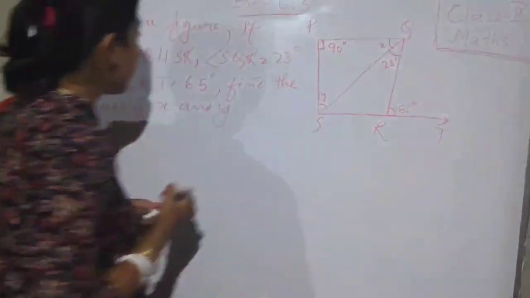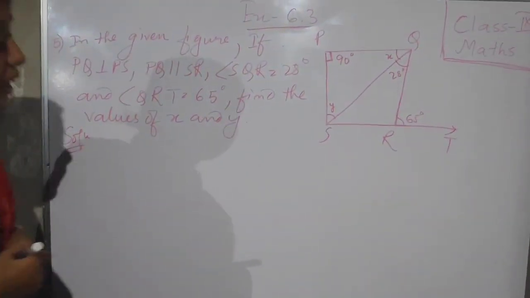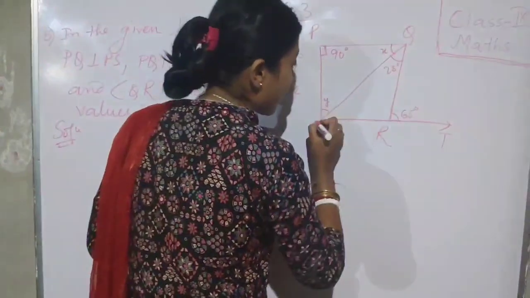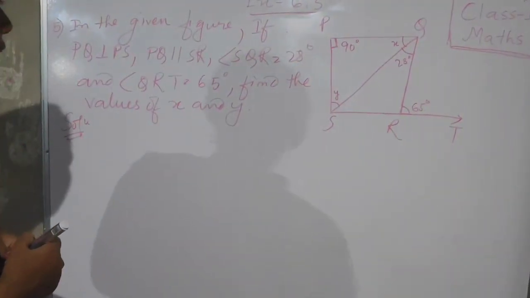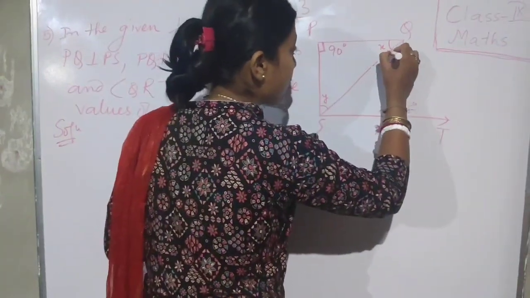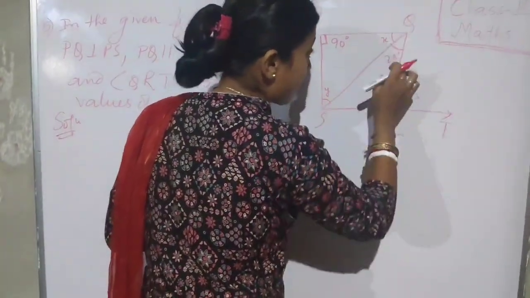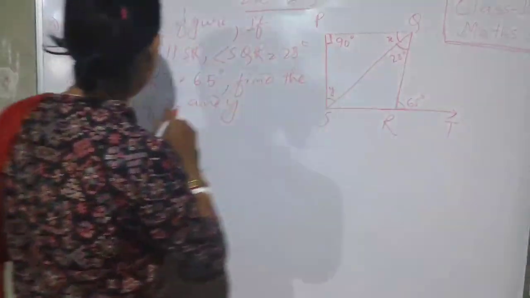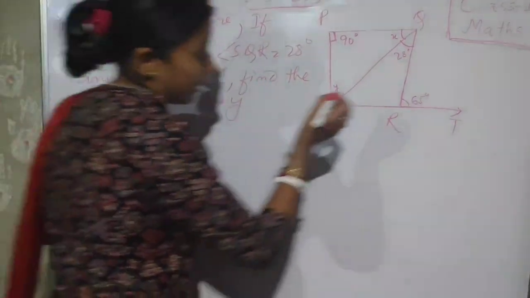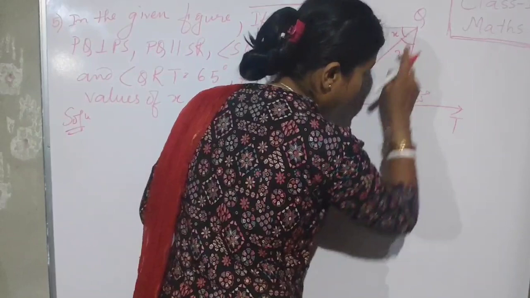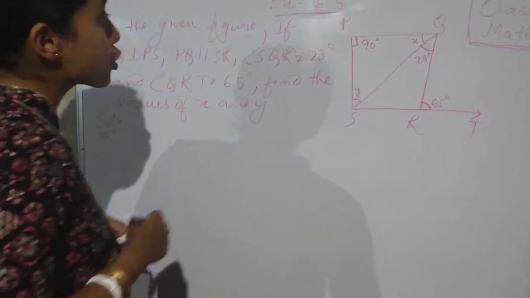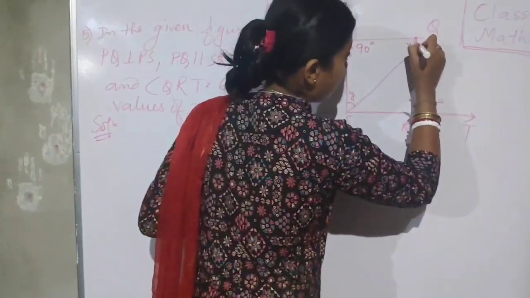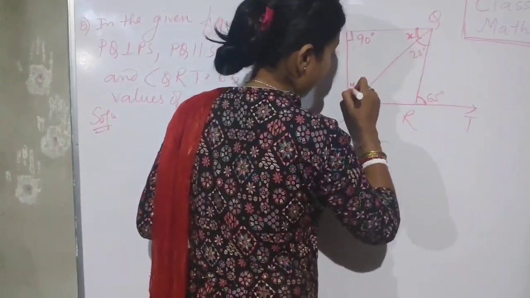So this angle will be 90 degrees. And PQ is parallel to SR, and angle SQR is equal to 28 degrees, and angle QRT is equal to 65 degrees. We have to find the values of X and Y.